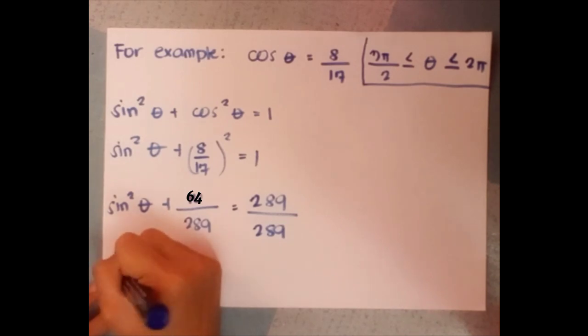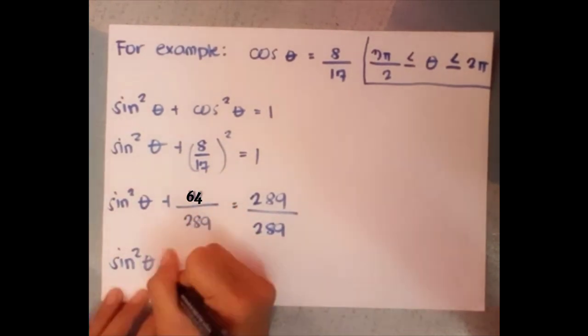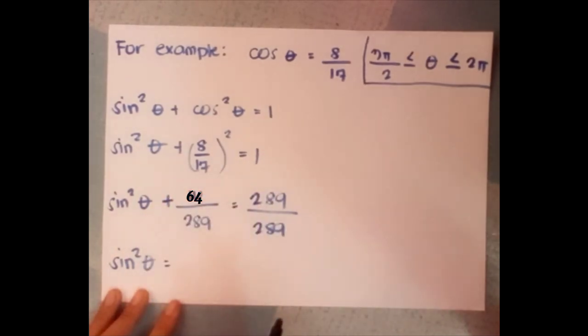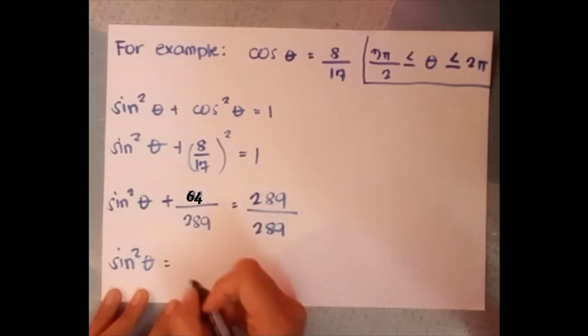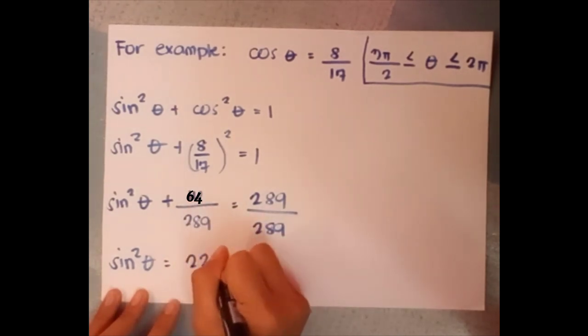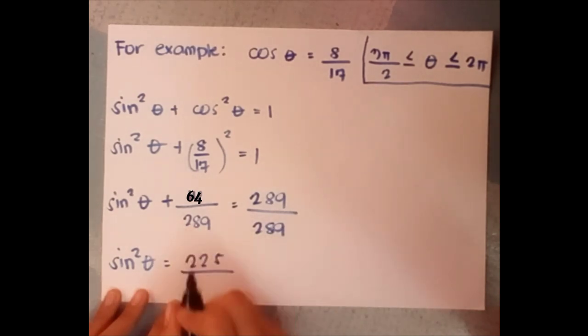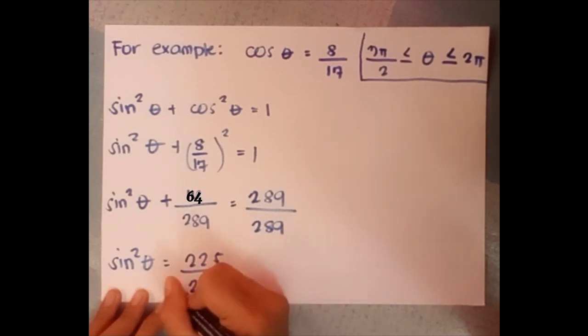That would be sine squared equals, we subtract, 289 minus 64 is 225, then copy the denominator, 289.